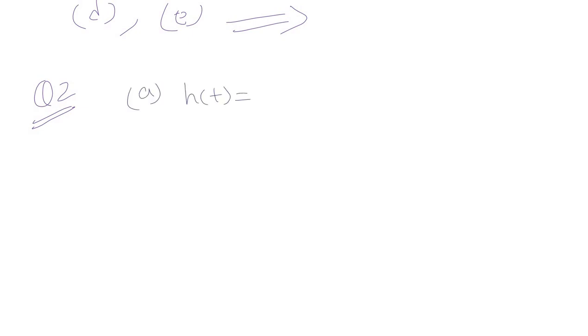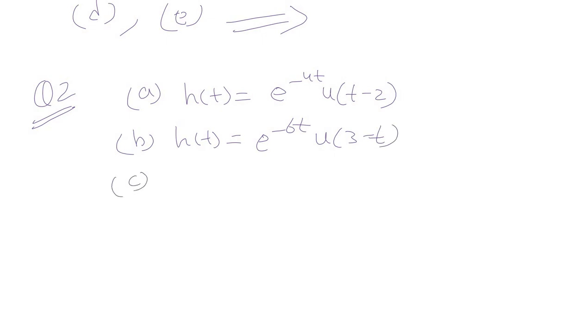It's the same kind of question, but for continuous time LTI systems. The impulse responses are given as: the first one is h of t equals 4 delta of t minus 2. Second one is h of t equal to e raised to power minus 6t, u of 3 minus t. Third part is h of t equals e raised to power minus 6 modulus of t.